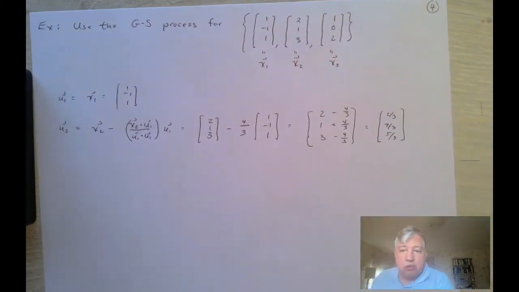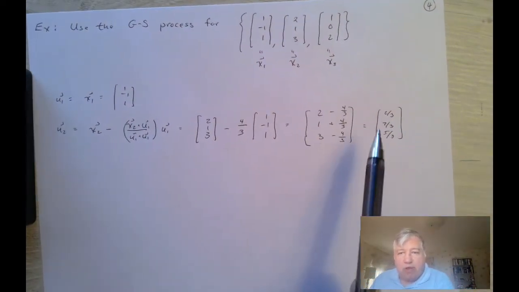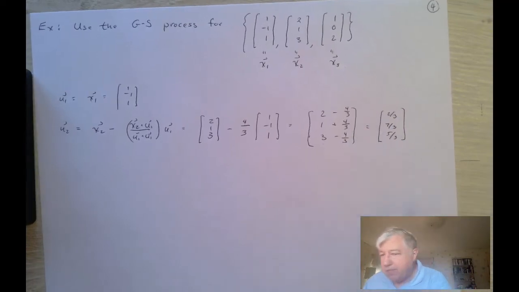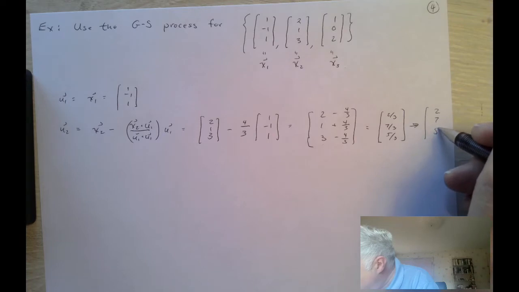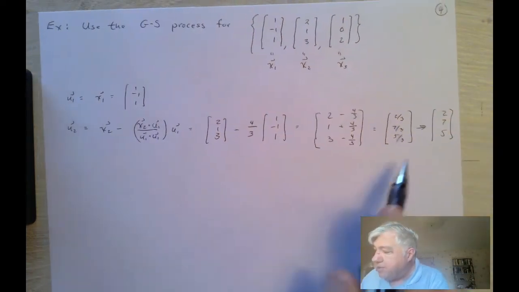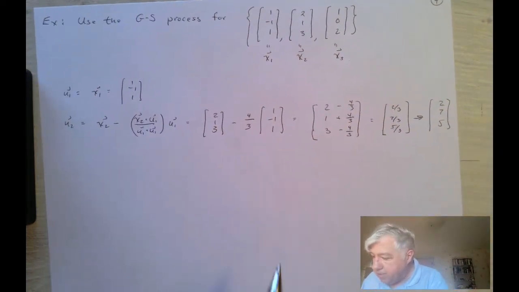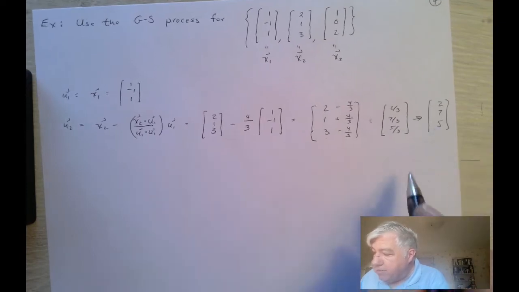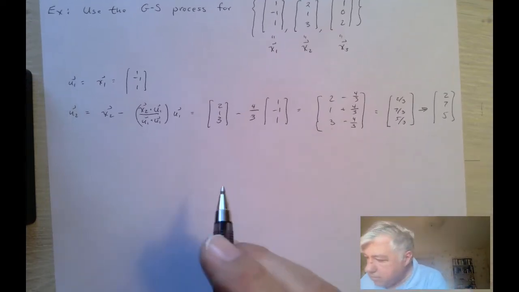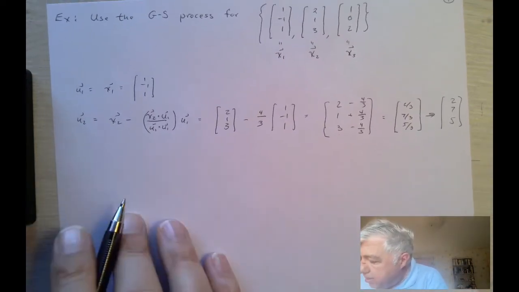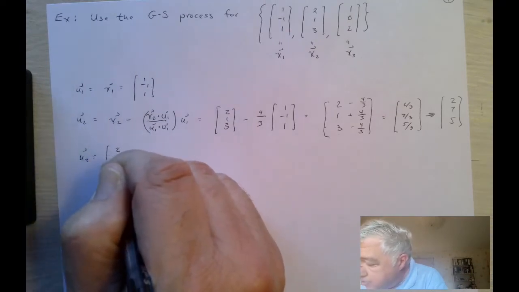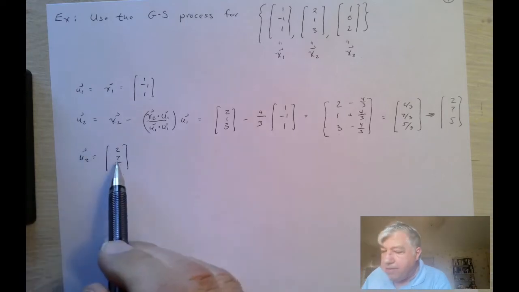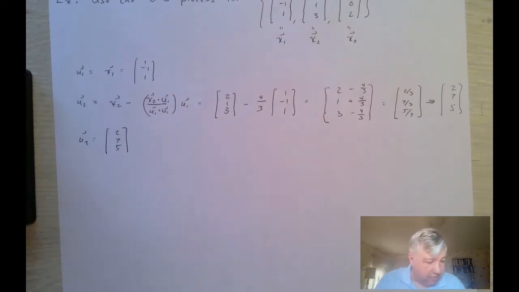Okay. So we can replace this with 3 times this vector, and this will be 2, 7, 5. So that's going to be our U2. And we can easily check that this is orthogonal to that.